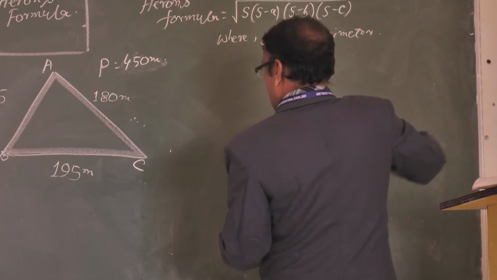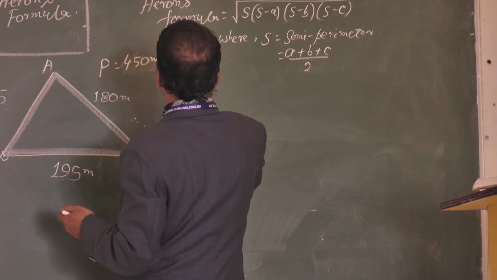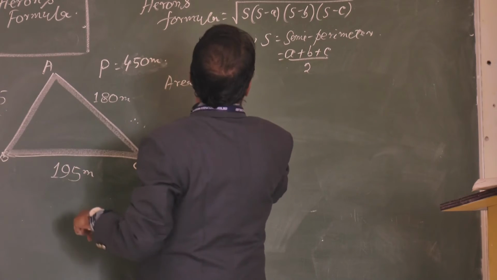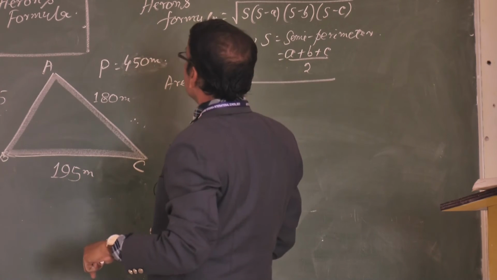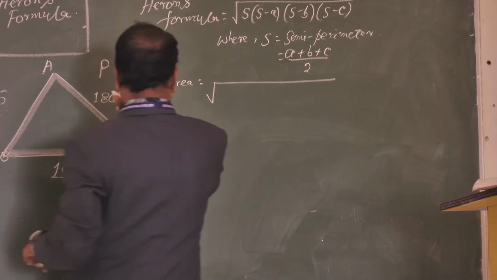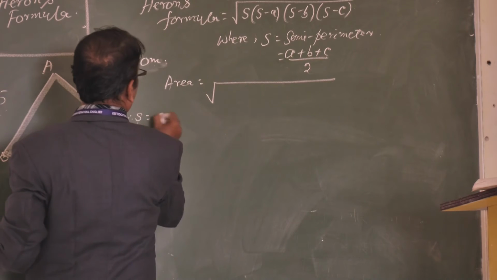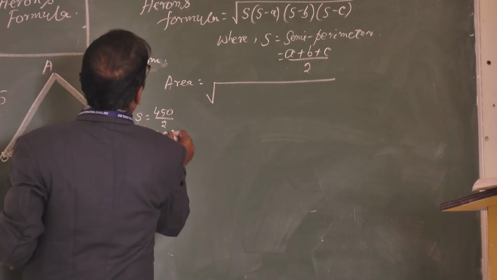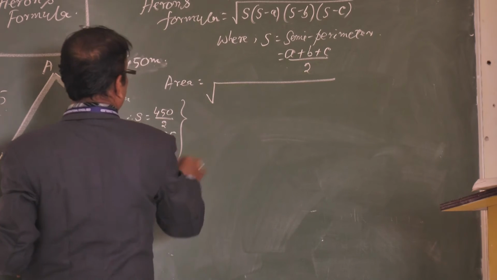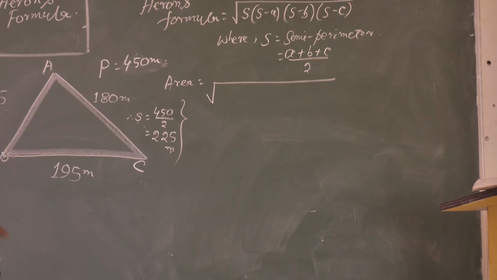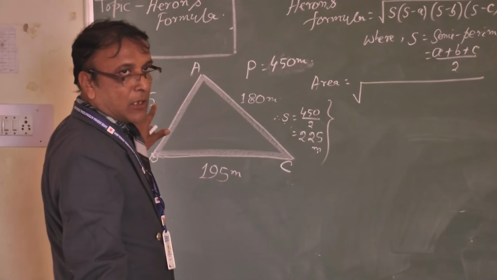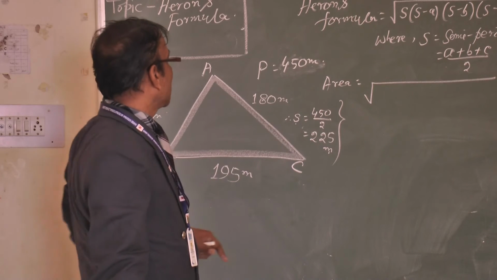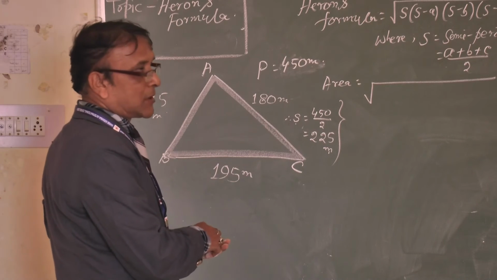The area of the triangle is the same formula: area is equal to root over S into S minus A into S minus B into S minus C. Here the perimeter is given as 450, therefore semi perimeter will be equal to 450 by 2, that is equal to 225 meter. First you find the semi perimeter, then the three sides. Now I got all three sides and the S value. Now I apply the formula to find the area.